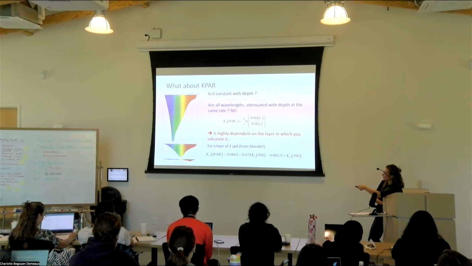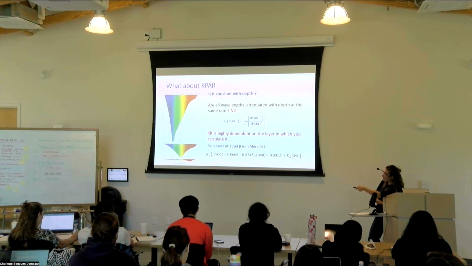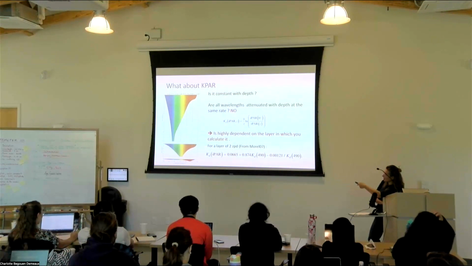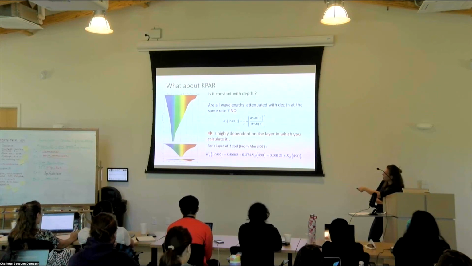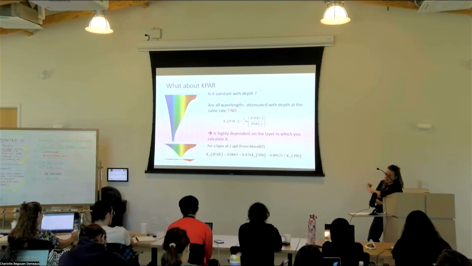So this formula, for example, will not at all be applicable here. In this water, I can see that my 490 is going to be attenuated super fast, whereas here, it's almost one of the last wavelengths, right? So PAR is difficult, very water type dependent, and very optical depth dependent.